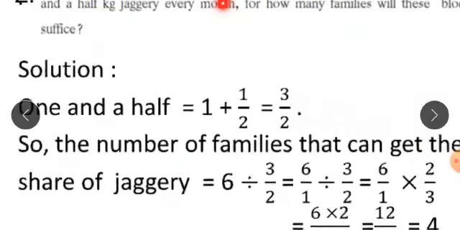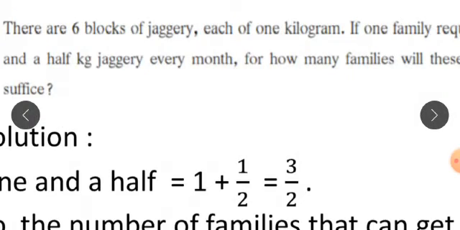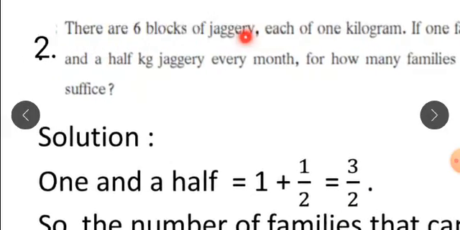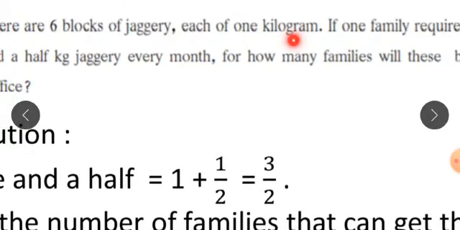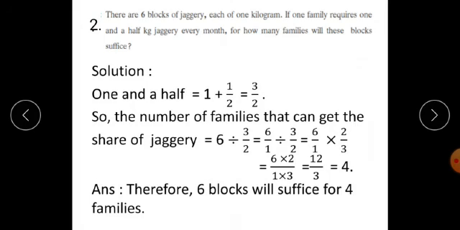Second example. There are 6 blocks of jaggery, each of 1 kilogram. If one family requires 1.5 kg of jaggery every month, for how many families will these blocks suffice?